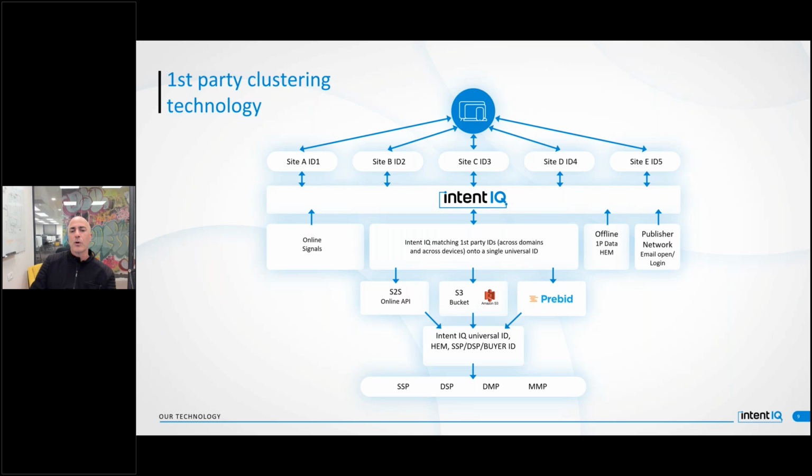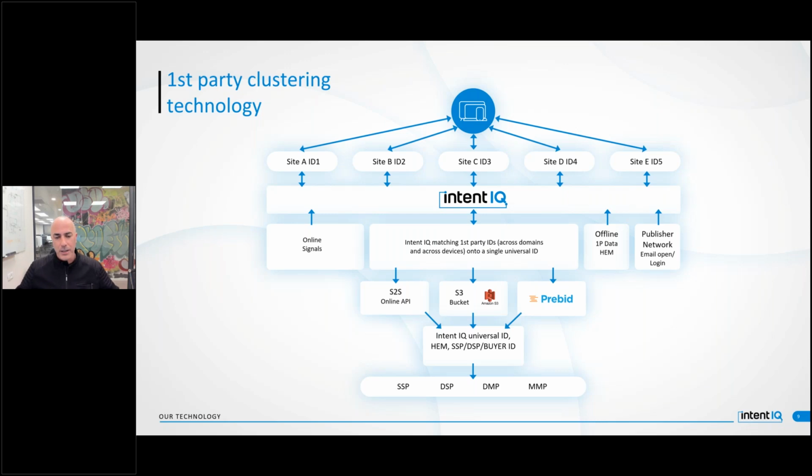And IntentIQ knows to take those different IDs from different sites and cluster them and match them across domain and across device onto a single universal ID, and again, measuring deterministically 24 hours. So we're being fed from online signal. We're being fed from first-party data of hashed email, publisher network, billions of email open and email login, but still in a privacy-friendly way.